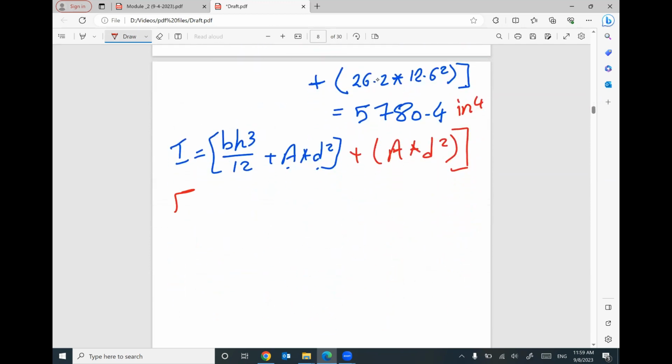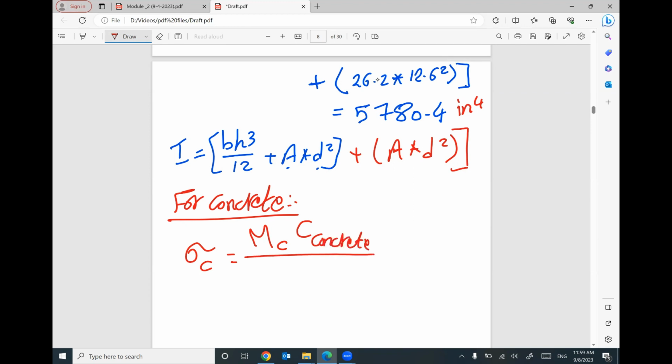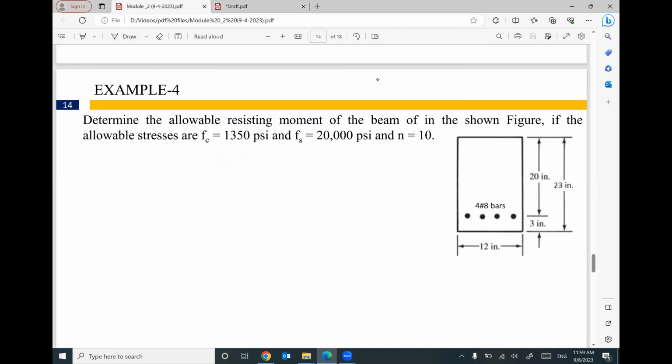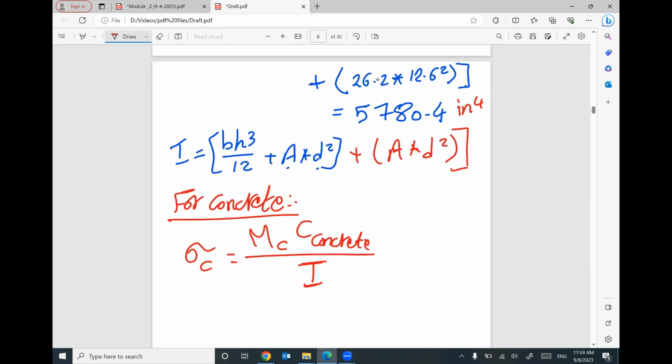Let's start with concrete. So sigma concrete will equal M concrete times distance C for concrete divided by I for the cross section. Sigma concrete, which is the allowable stress for concrete, is given: 1,350.